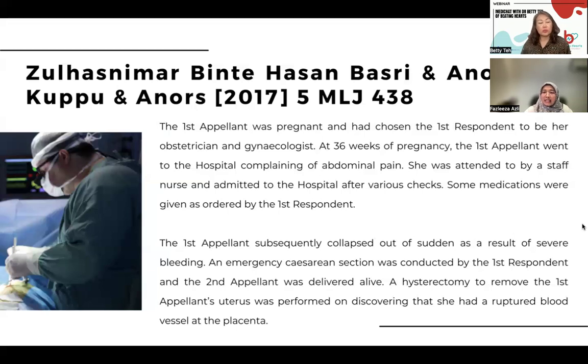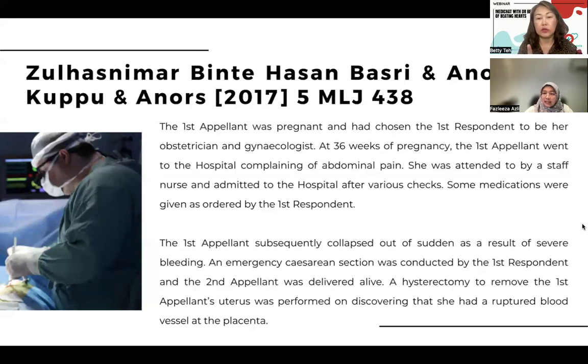Based on the expert opinion, there was no way for Dr. Kuppu to be aware of it. It could only be detected once an open surgery was conducted. That is what Dr. Kuppu's expert testified in court.